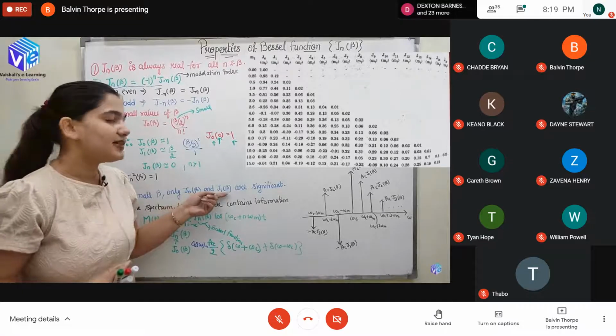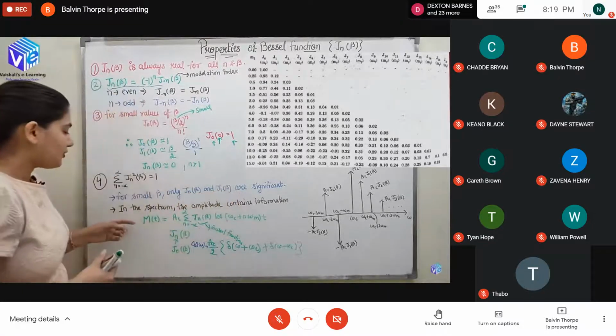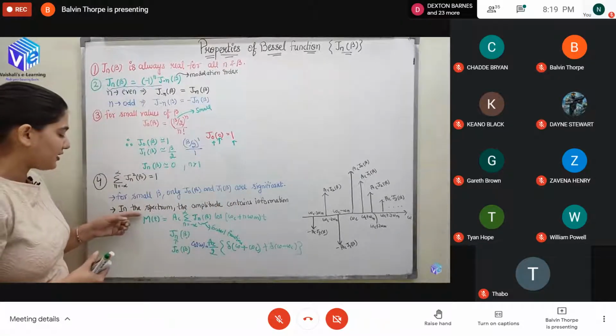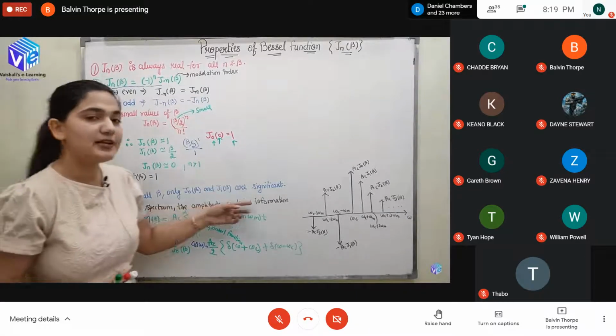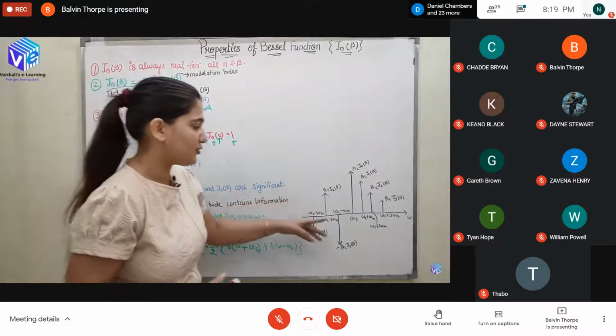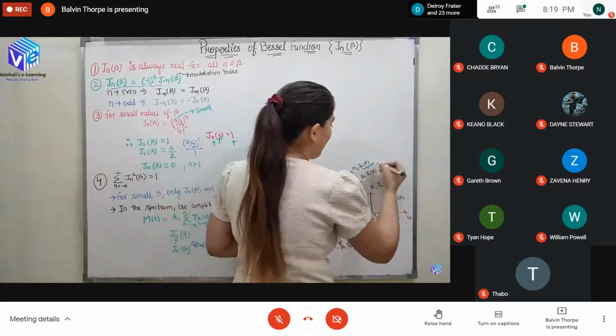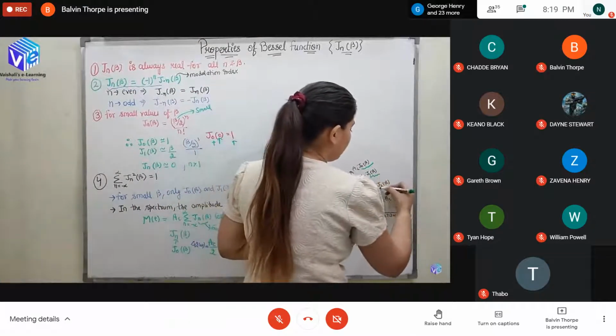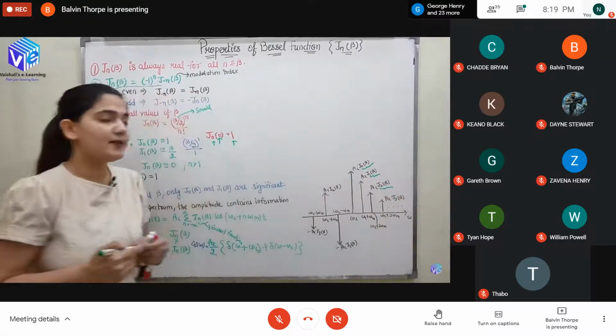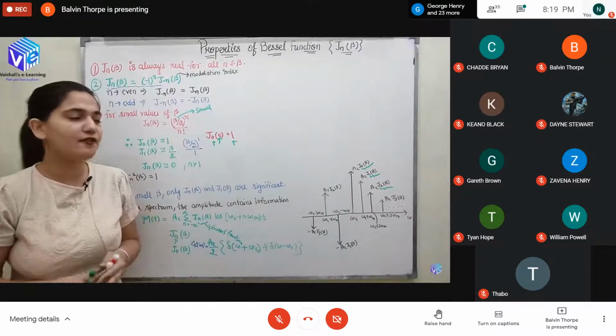So I have one sideband only here. The next conclusion is that in the spectrum, the amplitude contains the information. Here you can see the amplitude is J naught of beta. Here it's a function of J1 of beta, J2 of beta. So the Bessel function is containing the information.